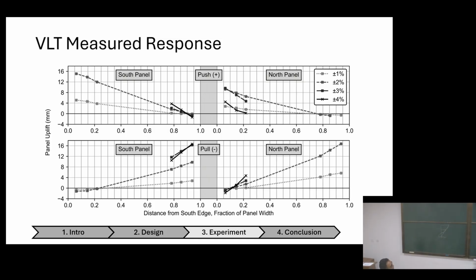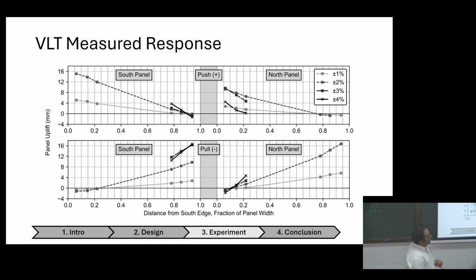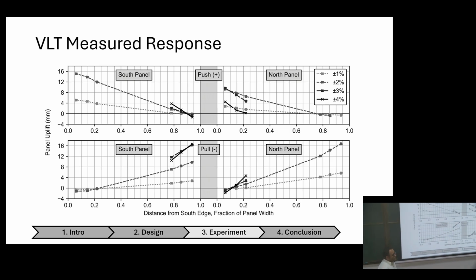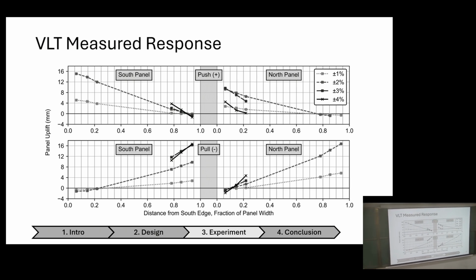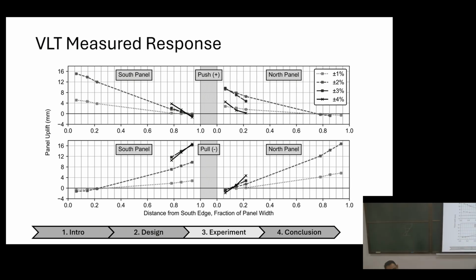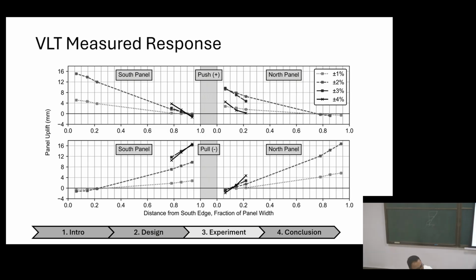Again, this shows the panel uplift on different directions. The north panel, the south panel with pushing and pulling. And you can see there's a slight difference in the behavior. In an ideal world, these should be similar, but there's a slight difference, and that difference is because of the slack. So you have steel connecting to wood through LVL beams and some angle brackets for your force transferring mechanism.